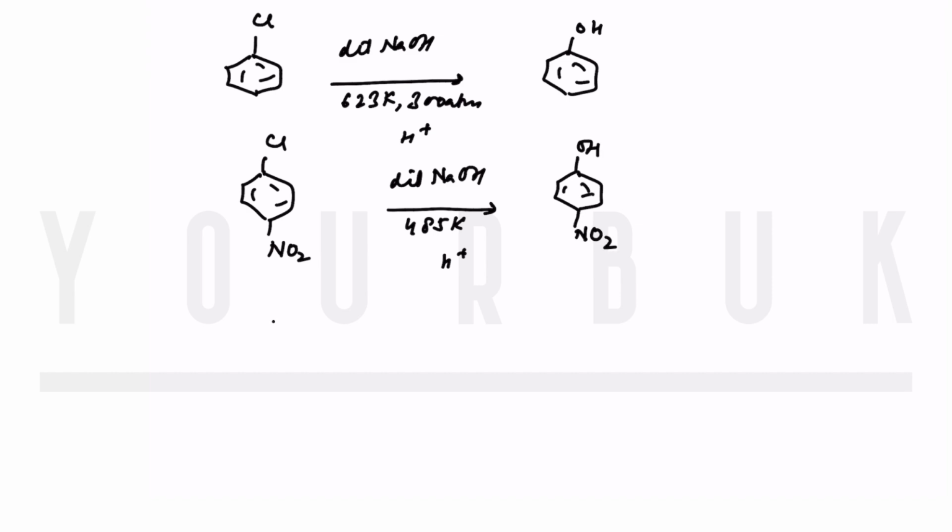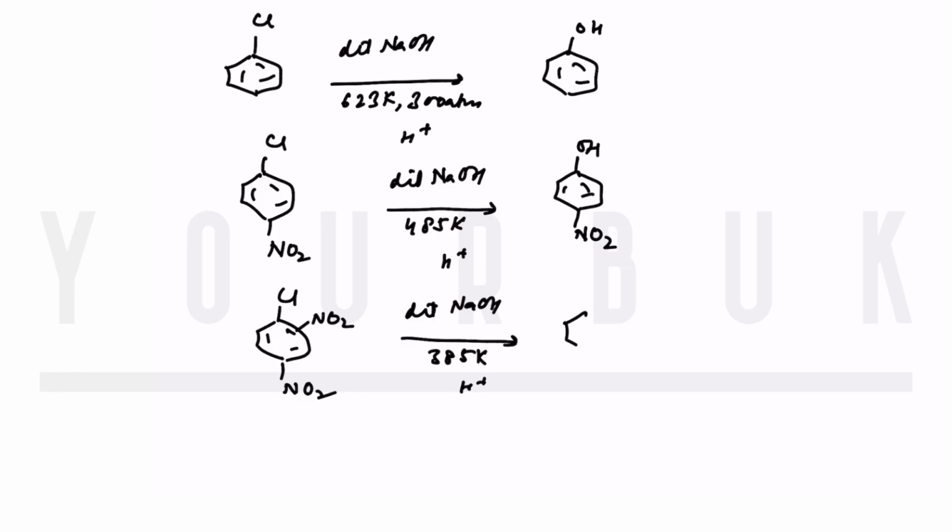And if we have one more nitro group, the reactivity further increases. Now we have two nitro groups at ortho and para. Now the reactivity further increases, the temperature further decreases. So now the temperature is 385 Kelvin followed by H plus ion. It gives us 2,4-dinitrophenol.